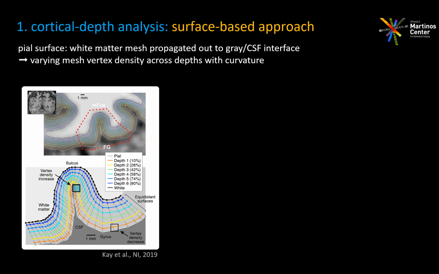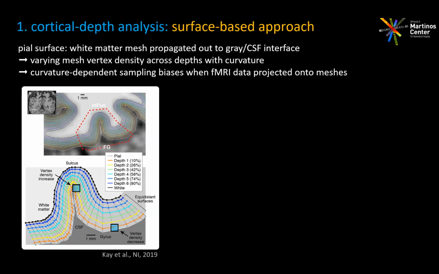If you look here, we're on the inside of the sulcus on the PL surface, and you can see that the vertex density is really high, versus here when you are looking at the gyri, it's very sparse. And if we project our fMRI data on these surfaces, we'll end up with curvature-dependent sampling biases.